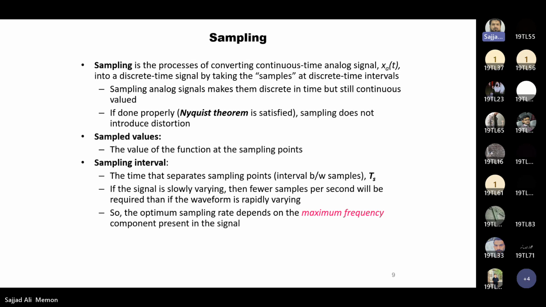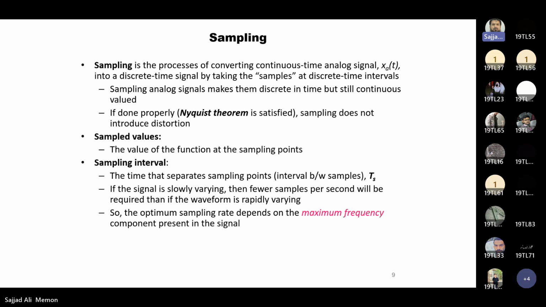If the signal is slowly varying, then fewer samples per second will be required than if the waveform is rapidly varying. So the optimum sampling rate depends on the maximum frequency component present in the signal. So again, in sampling, we need to take the frequency into consideration, because frequency will mirror the change in the analog signal.